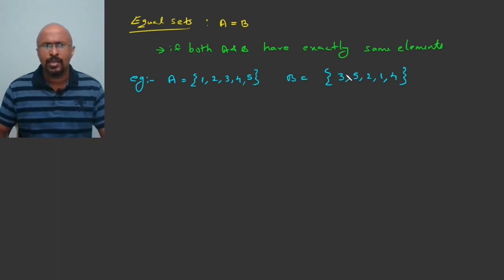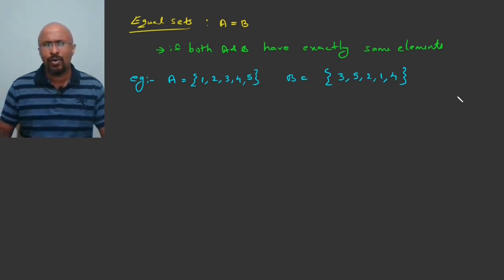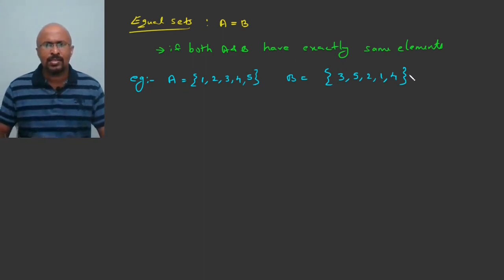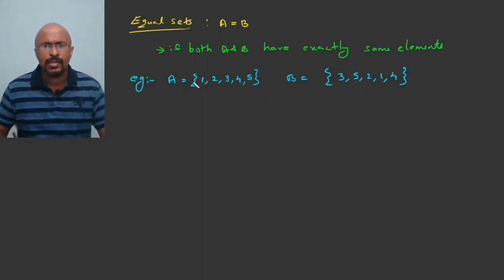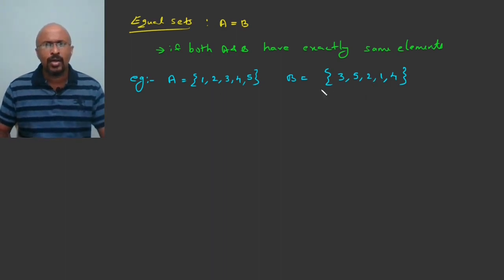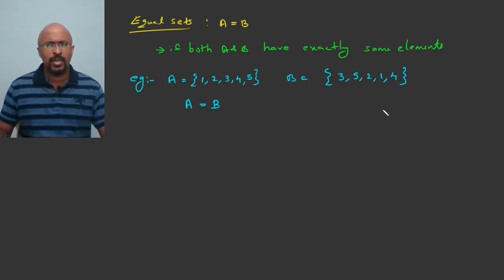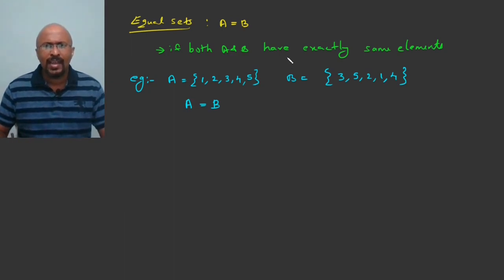Set B has 3, 5, 2, 1 and 4. Both have exactly the same elements, even though the order is different. We know order in roster representation does not matter. So set A is equal to set B because they have exactly the same elements.